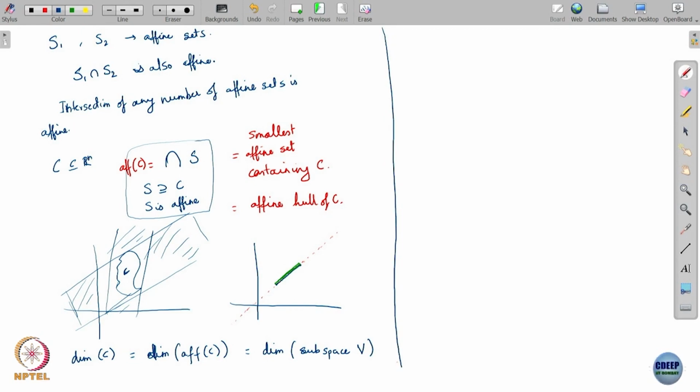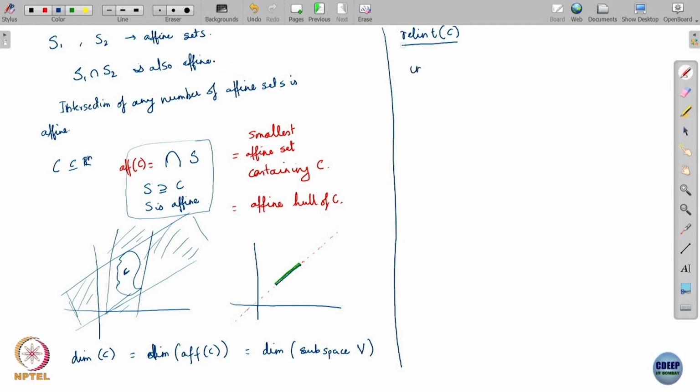This also lets us define when a set has an interior. This relates to another concept called the relative interior. Let us first remember what the interior of a set C was defined as.